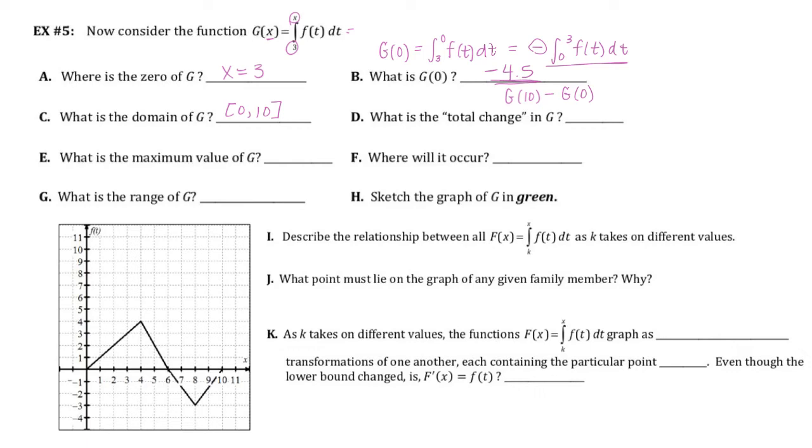So I'm going to move down here to my graph, and g at 10 is going to be equal to the integral from 3 to 10 of f at t dt. Remember, we had that t value or x value that we're filling in. So I need to go from 3 all the way out here to 10.